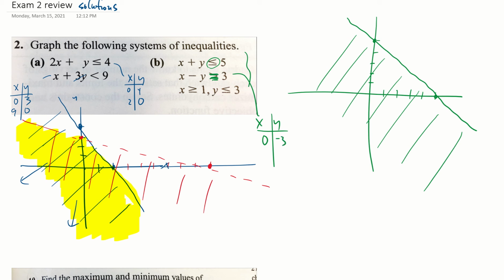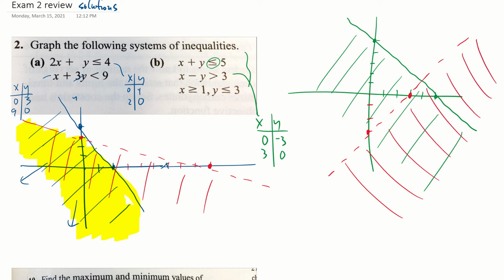And if y is 0, x is 3. So for the second equation, I've got 0, negative 3, and 3, 0. And it's a dotted line because it's not equal to. If I plug 0, 0 into it, 0 minus 0 is 0, and 0 is greater than 3 is false. So I'm going to be shading this way.